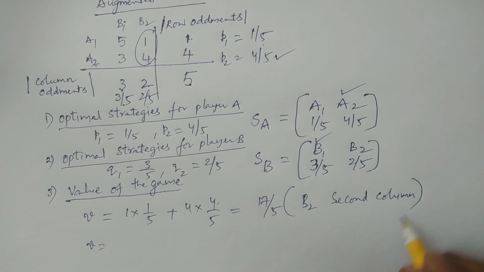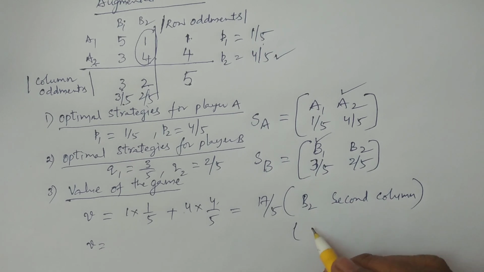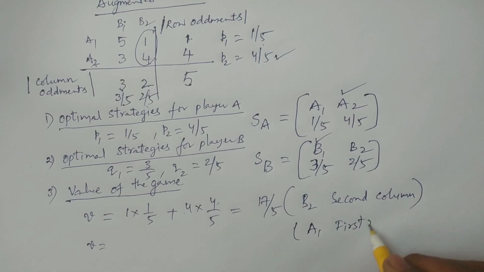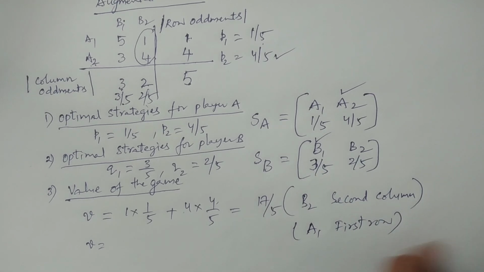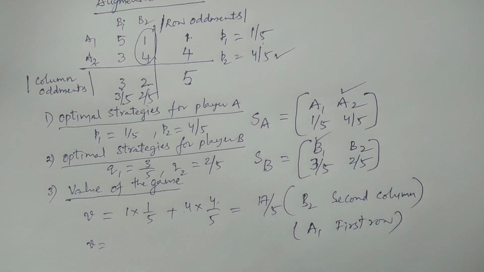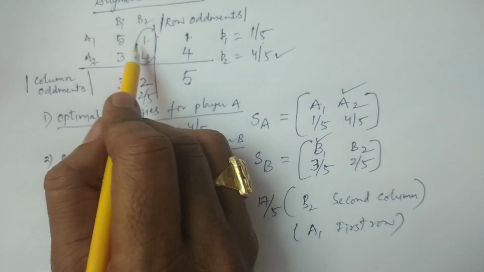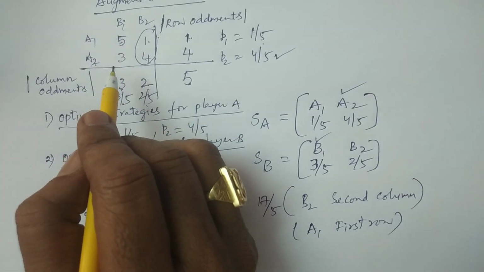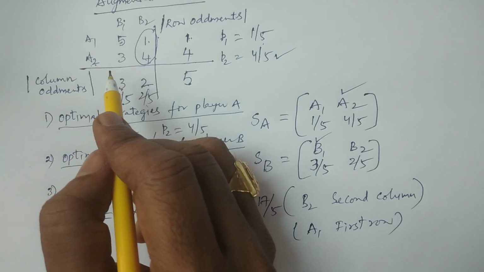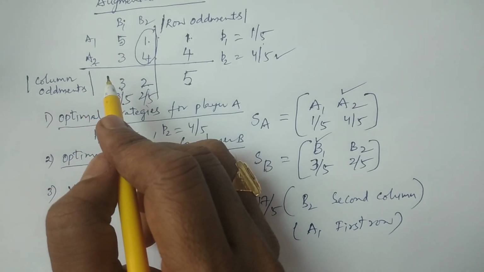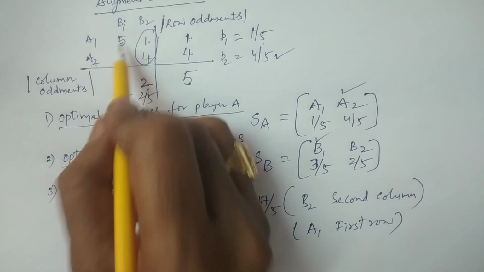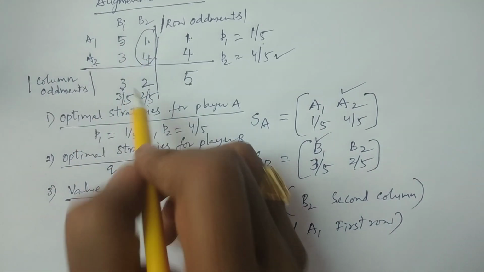Now I calculate the same thing once more. For example, A1, first row. We can consider any row or any column to calculate this. First row, 5 and 1. The expected value of the game is calculated by using the formula summation x into p of x, right? 5 into 3 by 5 plus 1 into 2 by 5.